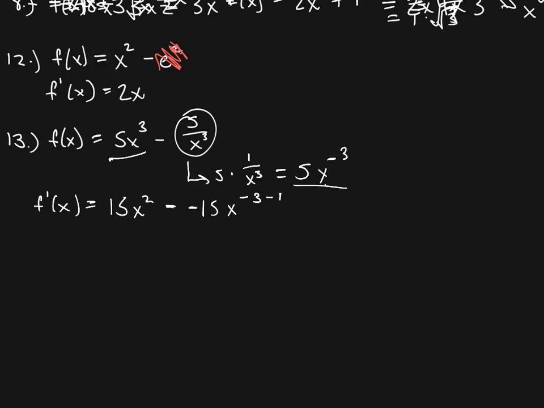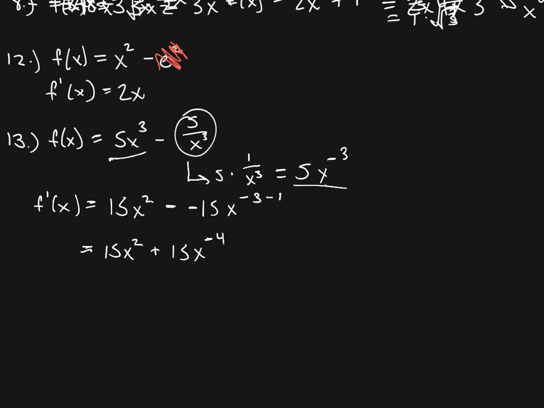We've got to take 1 more power away. So this is equal to 15x squared, the negative and a negative, right? And when you subtract a negative, that's the same as adding, plus 15x to the minus 4. So that's our answer for problem 13.